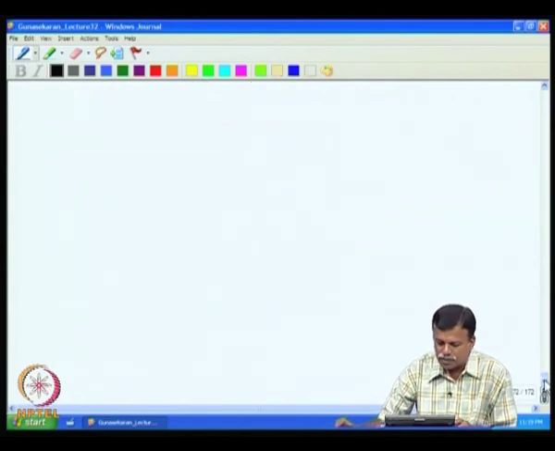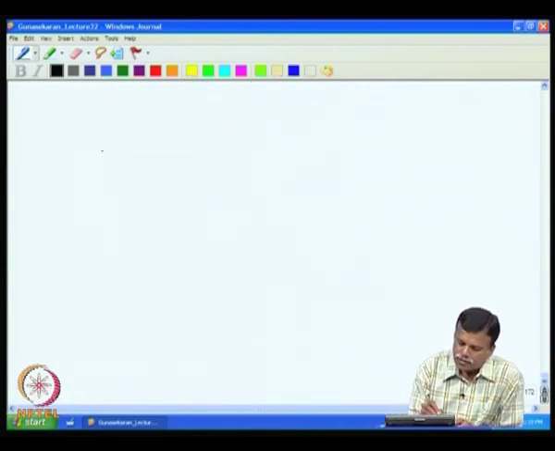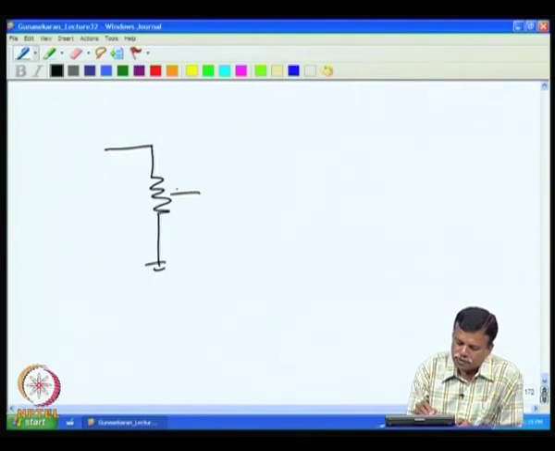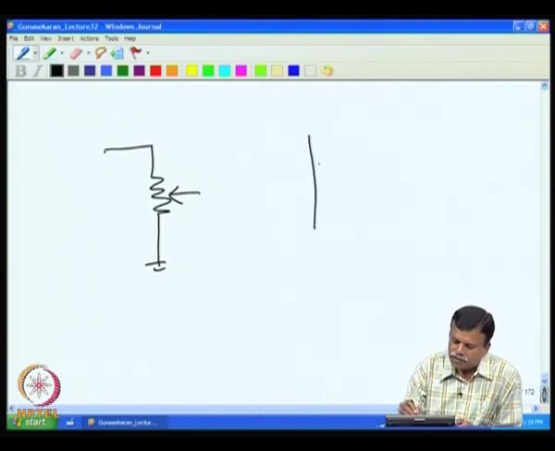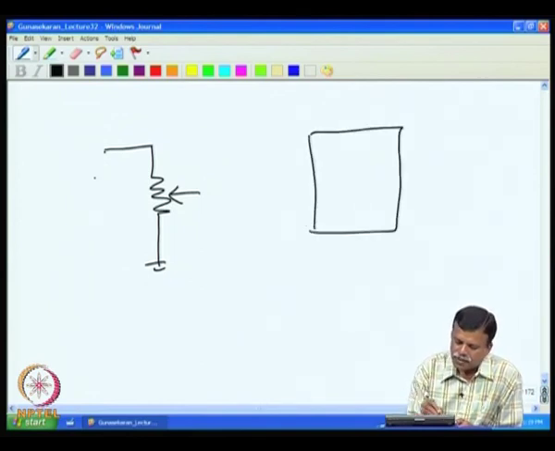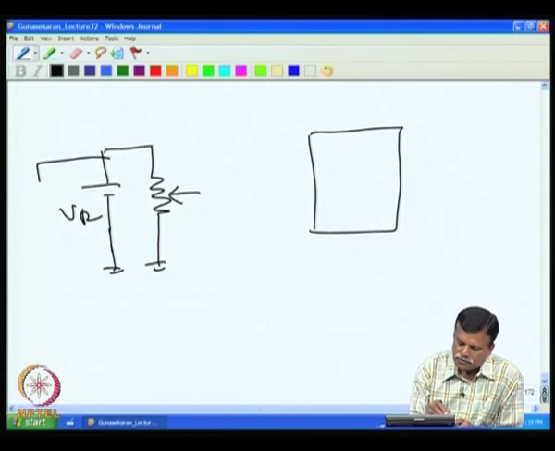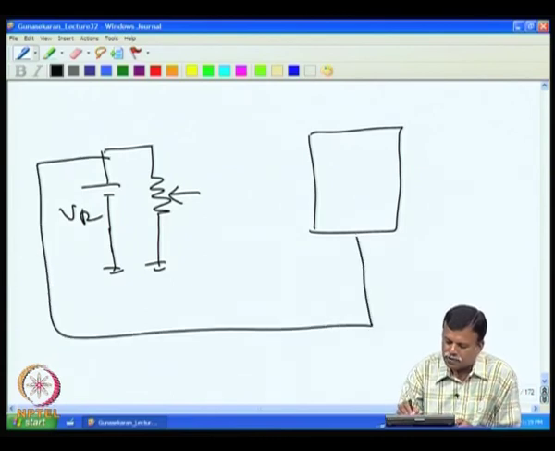So what you do is we will have the potentiometer here. For example, I want to measure a displacement, then the converter has a V reference here. This V reference is given to the ADC.